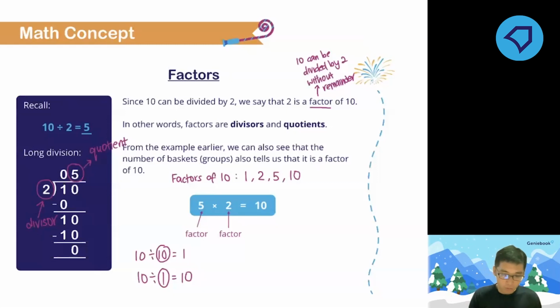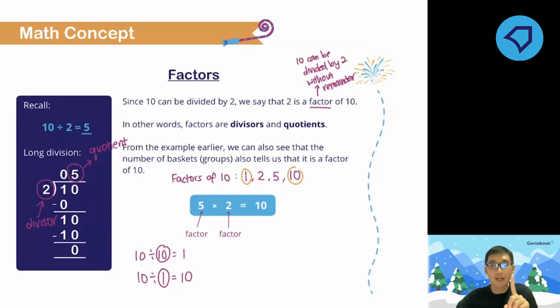Okay, now you notice something very interesting here. Do you notice that 1 and the number itself will always be a factor? Right? So let's say if I say factors of 9, 1 will be a factor of 9 as well. 9 will be a factor of 9 because we know that a number can always be divided by 1. A number can always be divided by itself, and you will not get any remainder.